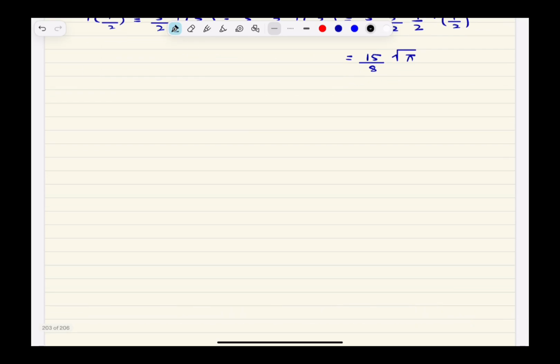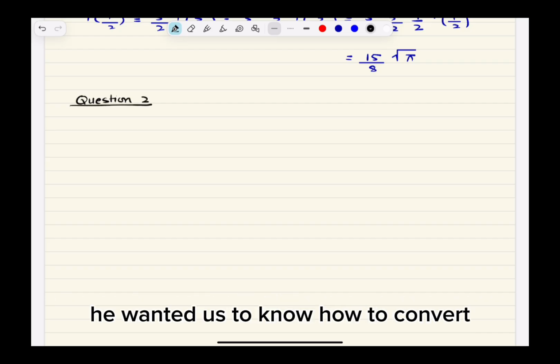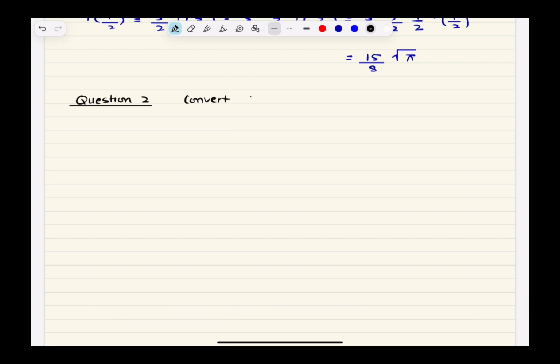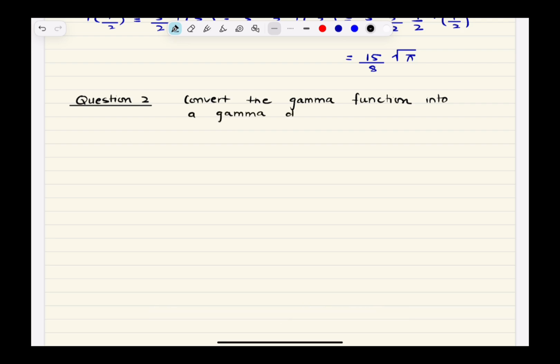Okay, moving on. The next question that the professor gave us is that he wanted us to know how to convert the gamma function into a gamma distribution.